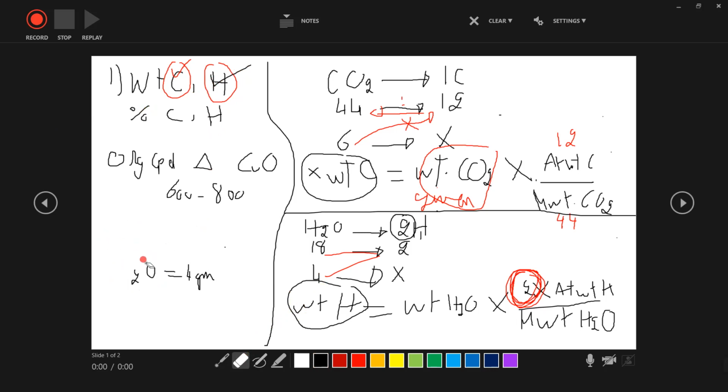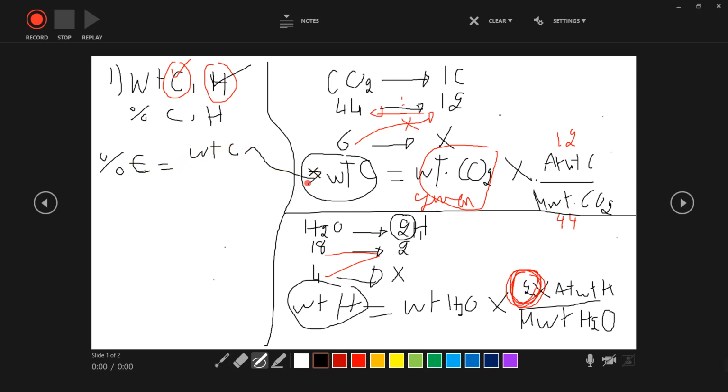In order to find the percent of any element in a sample, very easy equation. Percentage of carbon will be equal to weight of carbon. From where can I get the weight of carbon? From this equation, divided by the whole weight, the weight of sample.